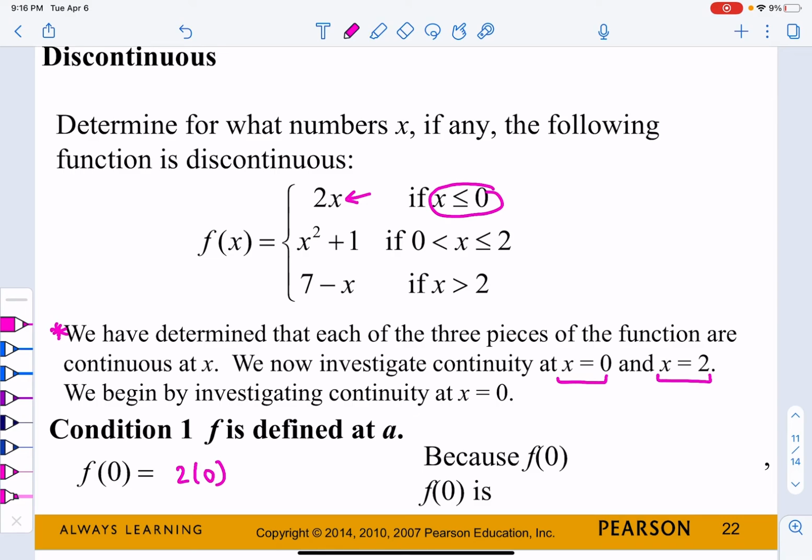Well, 2 times 0 gives us 0. So because f of 0 gives us a real number, we can say that f of 0 is defined. There's no problem with this. We got a whole number, a 0. It's a real number.